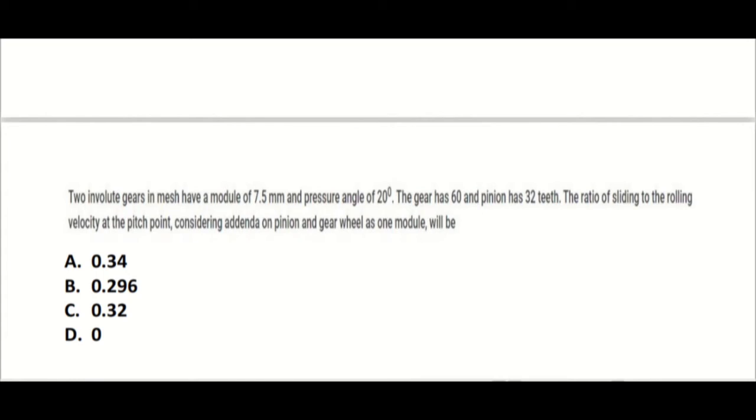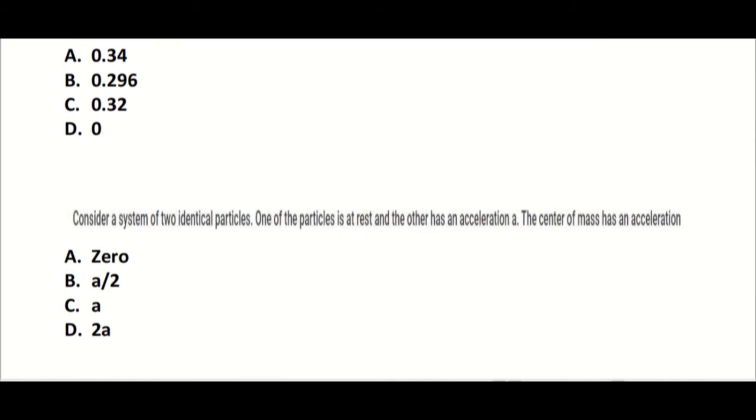We know that at the pitch point the sliding velocity is 0, so the ratio between sliding and rolling velocity will also be 0. Option D is the right answer.